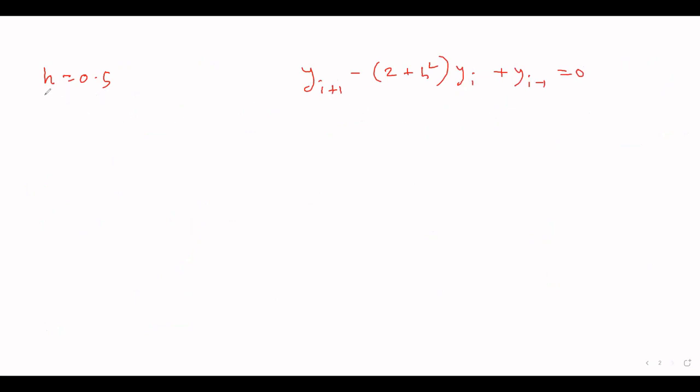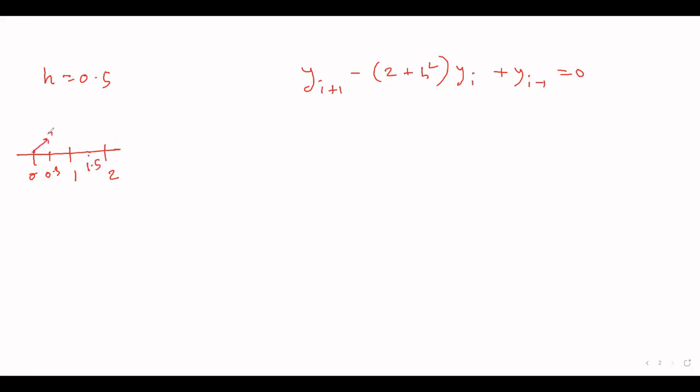This was the equation, and here is h. We are choosing h equals 0.5. So technically, this is 0, this is 2, this is 1, this is 0.5, and this is 1.5.